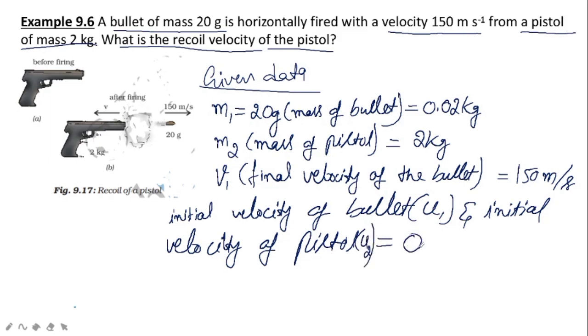Which will be 0. Why? Because before we fire the bullet, there is no velocity for the bullet and for the pistol, so it will be 0.